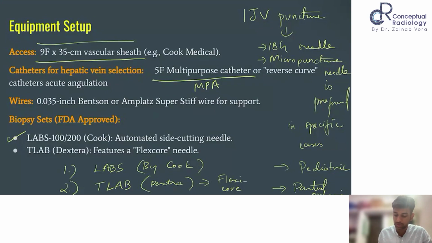That's why it is called the flexi-core needle set. Once we insert the cannula, we insert an 18 or 19 gauge biopsy needle. The outer aspect will be the same as the percutaneous needle that we use, but it will be a needle of increased length, a lengthier biopsy needle.